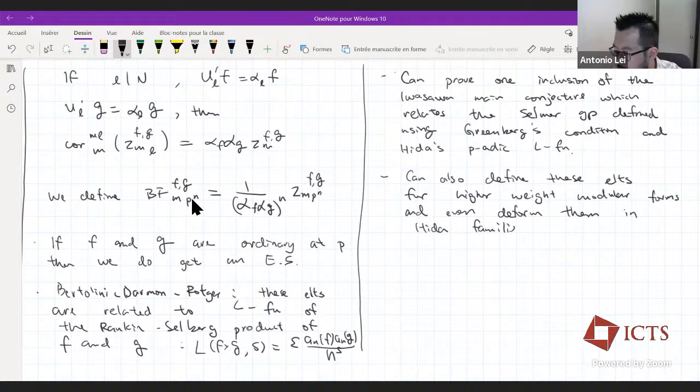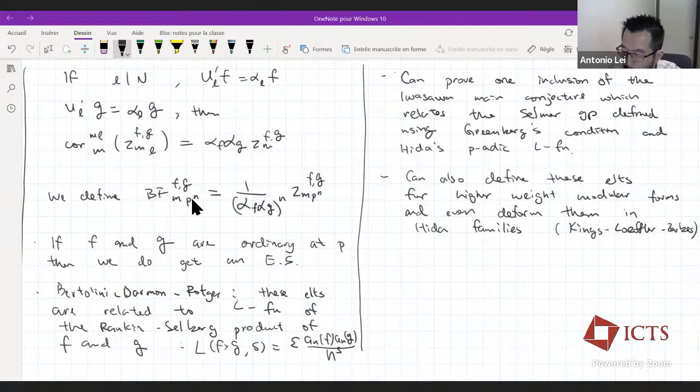So these are works by Kings, Loeffler, and Zerbes. In fact, you now have 3 variables going on, and then you can talk about a 3-variable main conjecture.